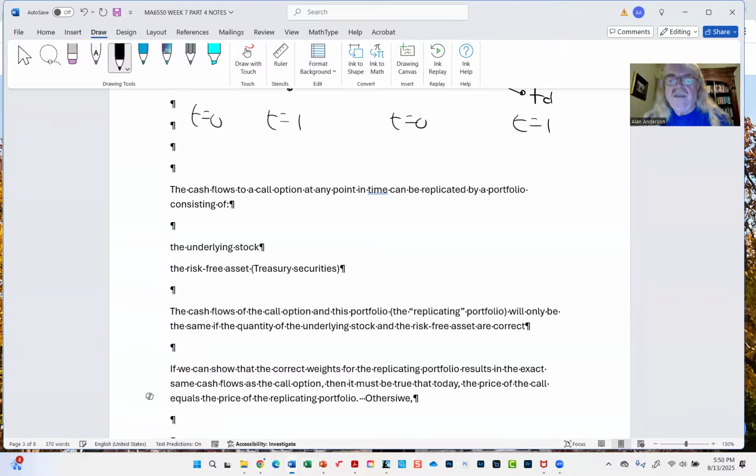Otherwise, as we've already seen, there will be an arbitrage opportunity, meaning that we would buy the cheaper of the two and sell the expensive one.